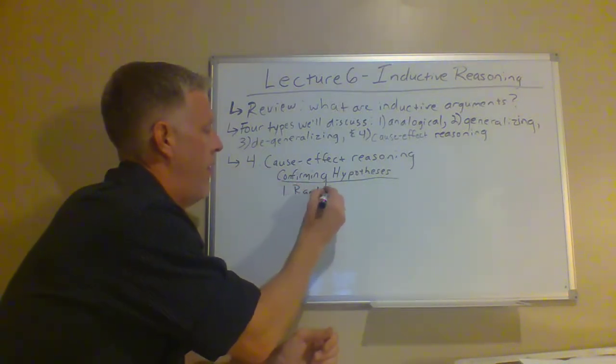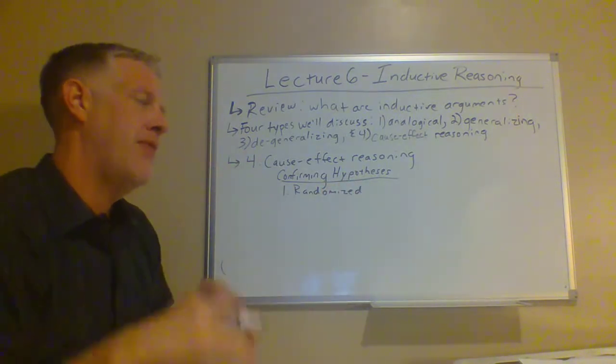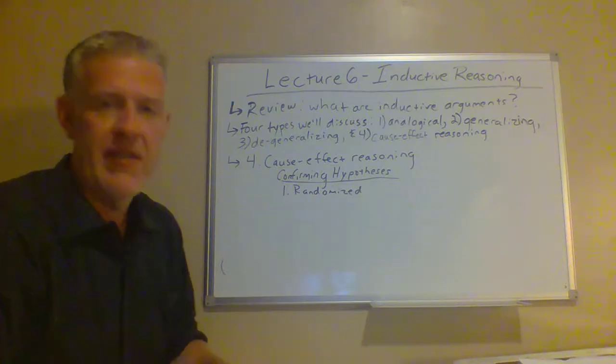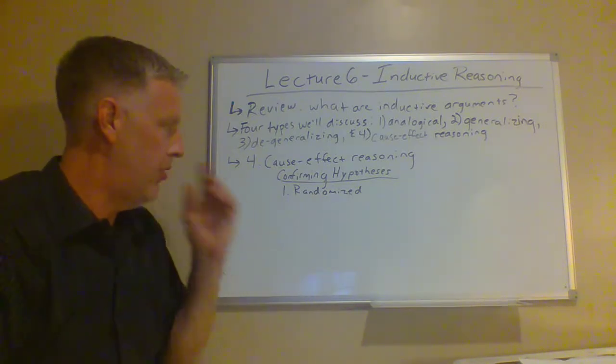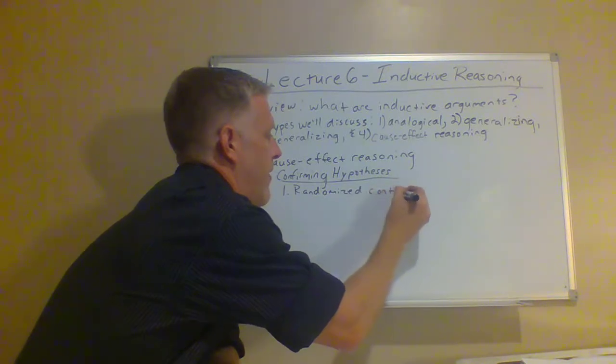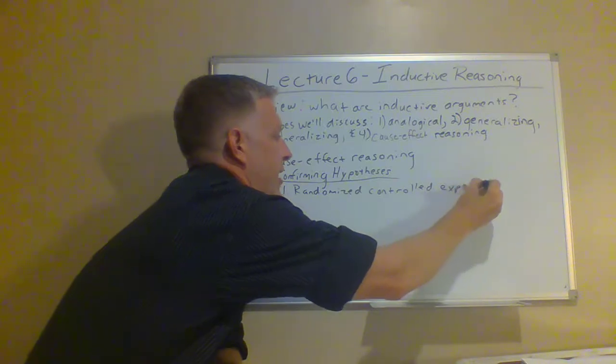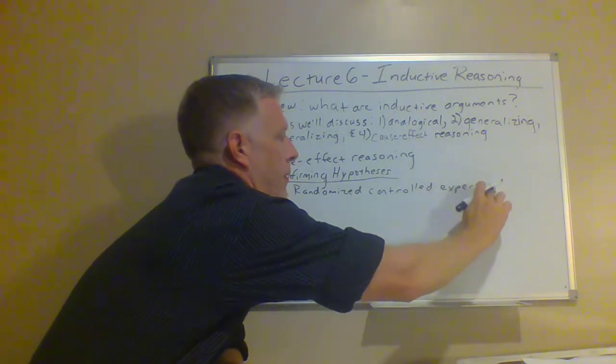On the one hand, we have what we'll call randomized. Again, you can refer to this in slightly different ways, as they have throughout various editions of the textbook. What they call randomized controlled experiments in this edition. Think like scientific experiments.